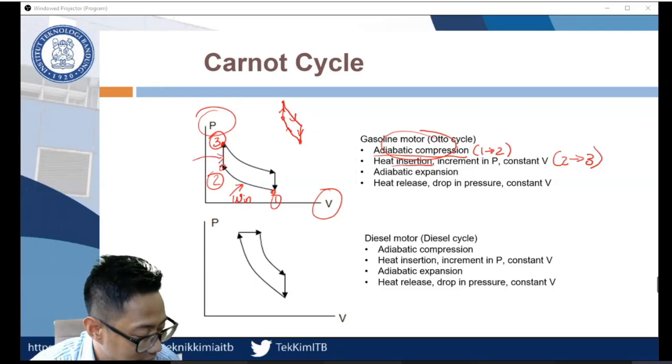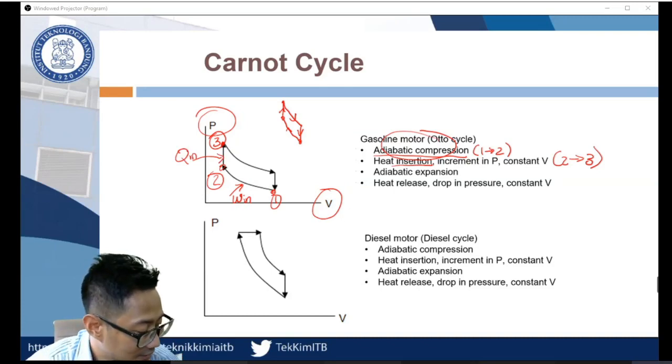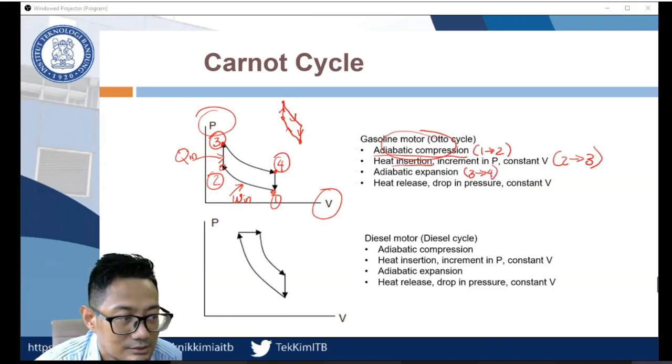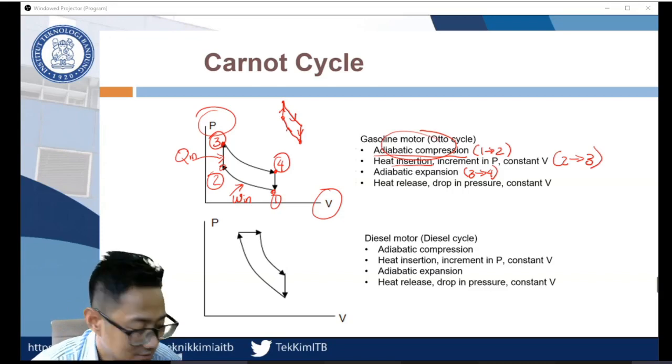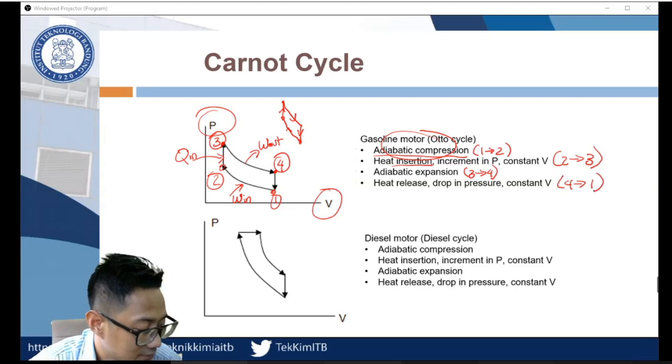So heat is coming into the system. Okay, now help me again from point 3 to point 4. This is adiabatic expansion. What would be the status? Work out. Yes, good. Thank you very much. Work out. And the last one, point 4 to point 1. Heat out, sir. Yes, heat out.